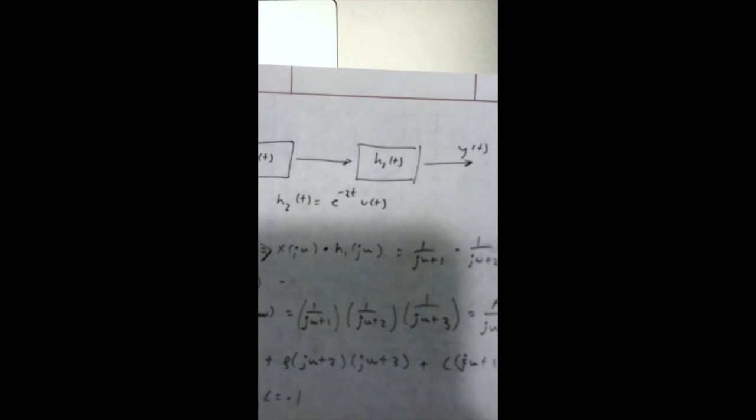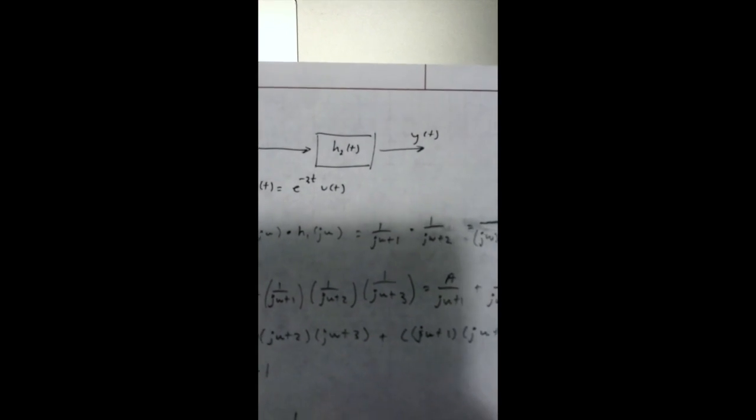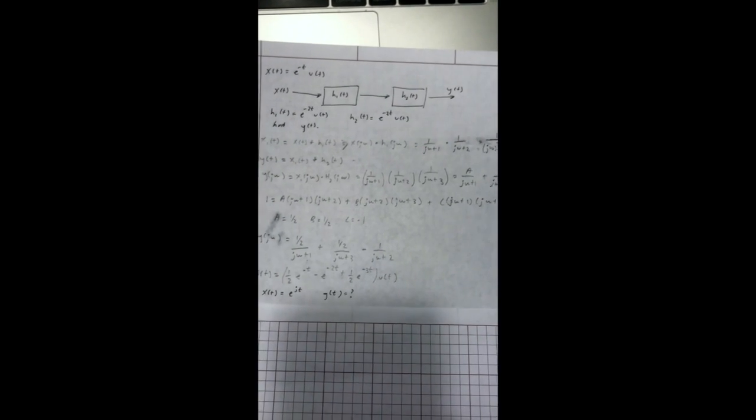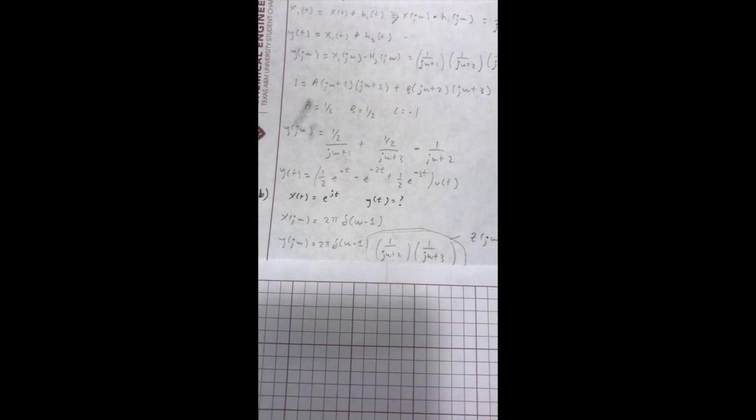So basically, all you want to do here is find the Fourier transform of x of t and multiply it by the two systems that you're convolving through, right? So this is your x of j omega, which is equal to 2 pi delta of omega minus 1. Since you're convolving through these systems in the time domain, you're basically just multiplying in the frequency domain. That we know now.